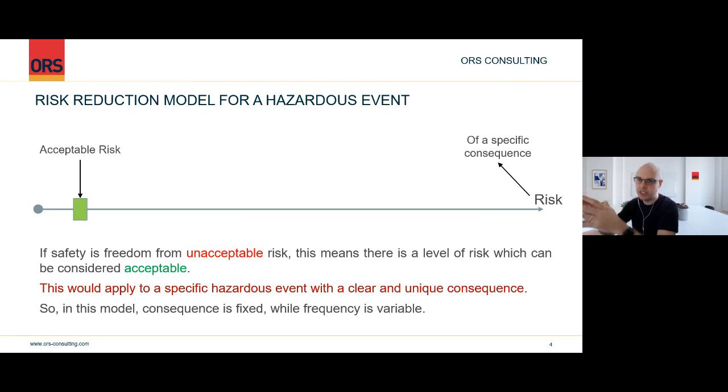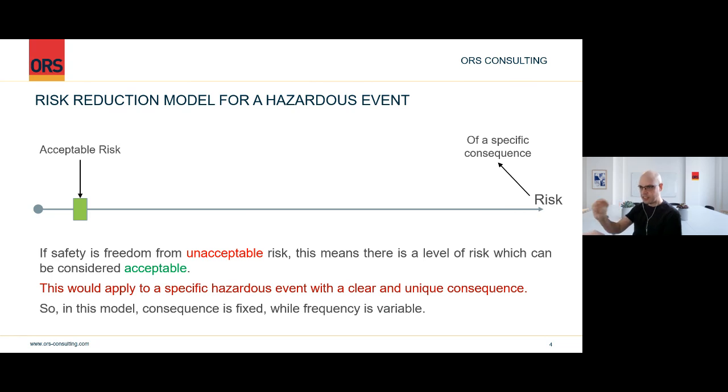So that's the frequency that you, as an organization, or maybe the regulatory body where you operate, will tell you is the acceptable risk for a similar consequence. So we know our acceptable risk for a specific hazardous event with a clear and unique consequence.